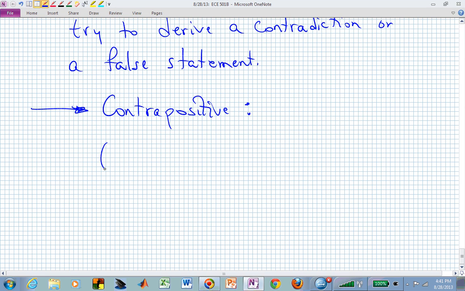Now you start with the negative of your conclusion, and you want to show that that implies not A. You can work through the truth tables to show that not B implies not A is equivalent to A implies B. So if you can show that not B implies not A, then you've proved A implies B.